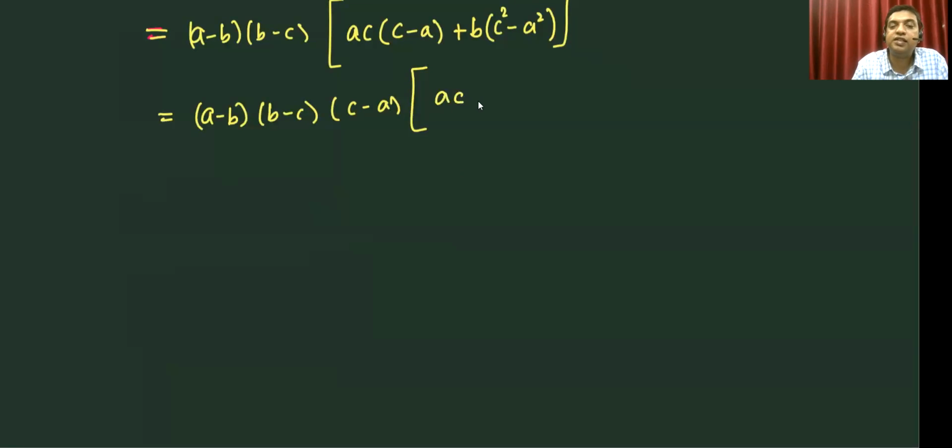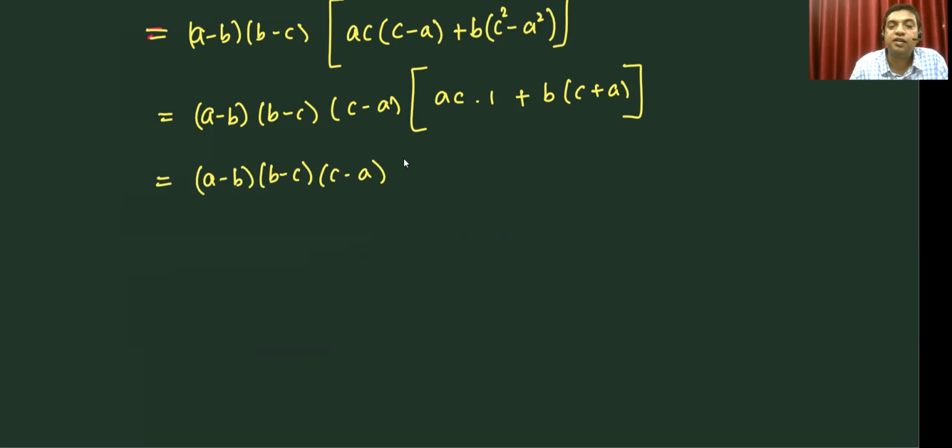Then you'll get AC times 1 plus B times C plus A. Okay, so you get A minus B times B minus C into C minus A times of AC plus BC plus AB. So you get AB plus BC plus CA. This is your right hand side.